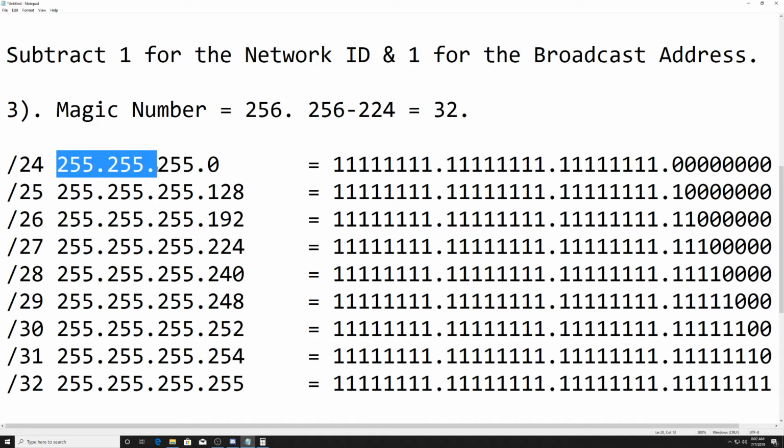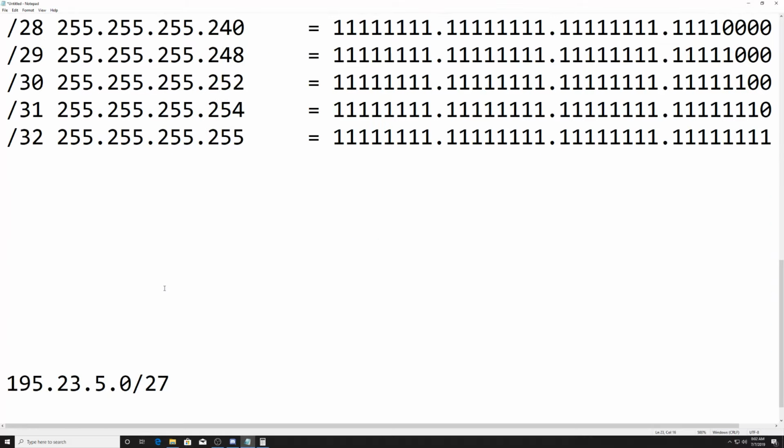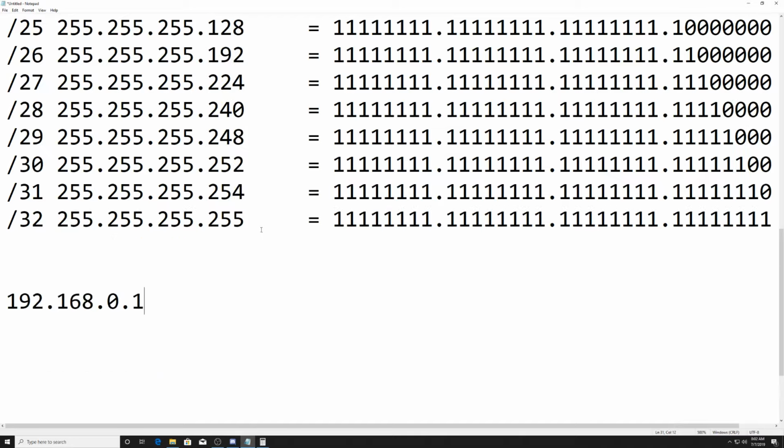Example, we'll use the /24. We ain't gotta worry about the slash. I'll just break this down for you right quick.